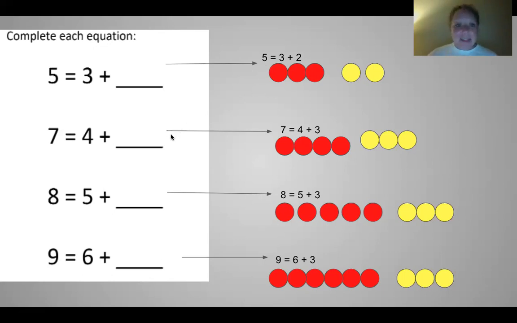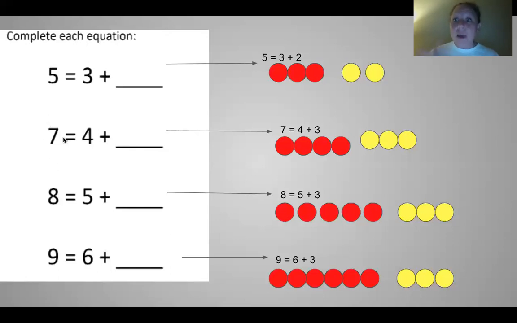Nice job. Let's look at the second equation. Read it with me, and when you get to the blank, say blank. Here we go. 7 equals 4 plus blank. So I know I have 4, and I need to get to 7. I need to find out what goes in the middle. So I'm going to start with my 4 counters because I know I have 4.